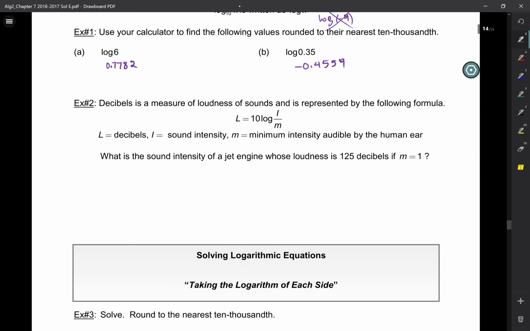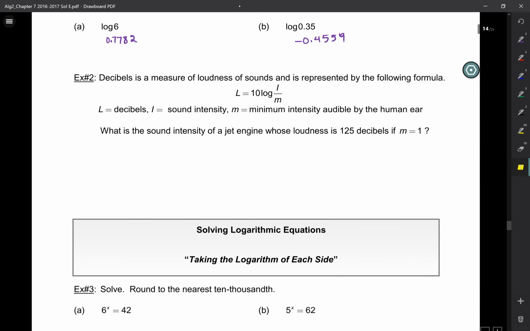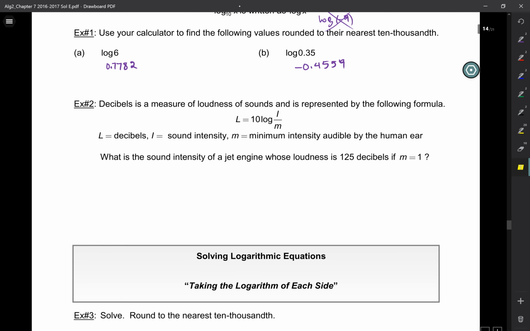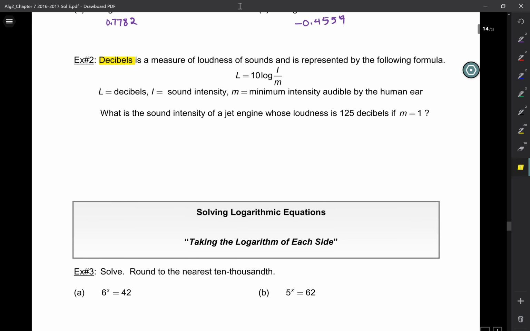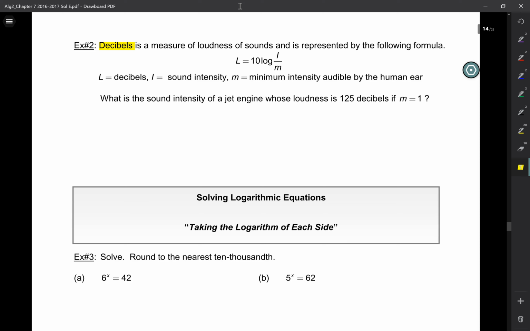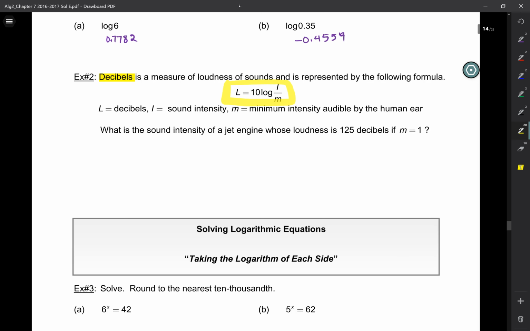Okay, so one place where we use this, there are lots of places where logs are used. We talked about pH, right? That was one place. Another place is sound intensity. So decibels is a measure of loudness of sound and is represented by this formula. Okay, now what is all this? So L is how many decibels the sound is at.